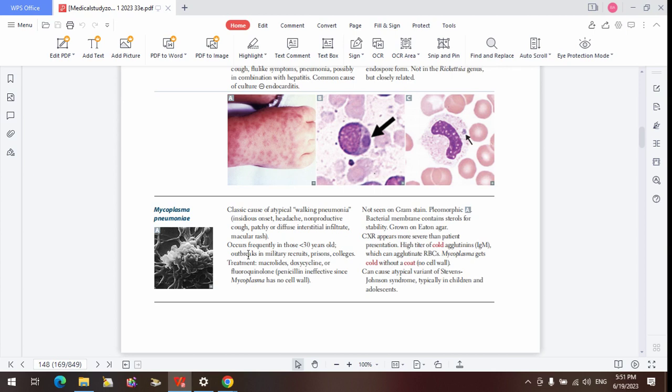So if you are seeing drugs, mycoplasma pneumonia, or some viruses, you know that it's likely to be erythema multiforme. But if it is from Lyme disease, you know that it is likely to be your erythema migrans.